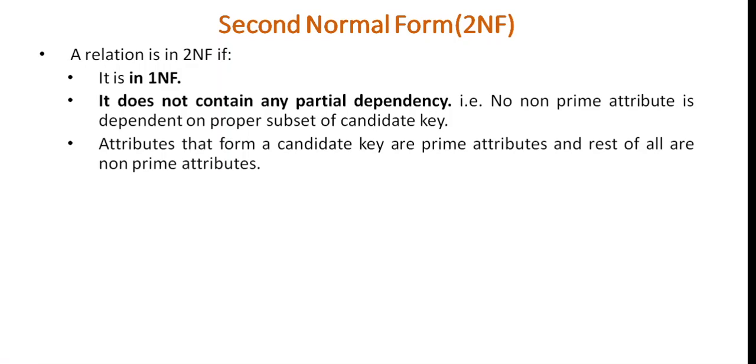In that case, if non-prime attributes are dependent on a subset of the composite candidate key, then we can say that there is a partial dependency in the relation. So in second normal form, we don't want this type of partial dependency.